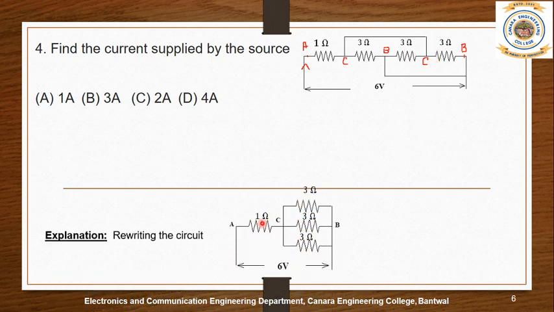So while rewriting, the circuit looks like this: 1 ohm in series with a parallel connection of 3 ohm resistors.